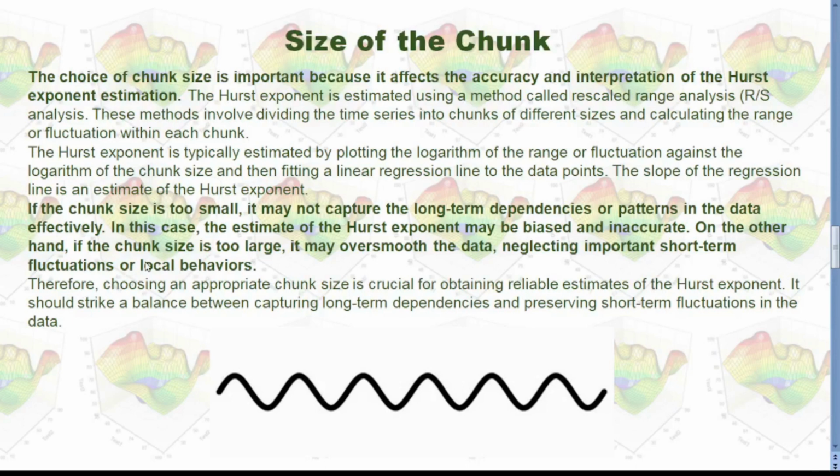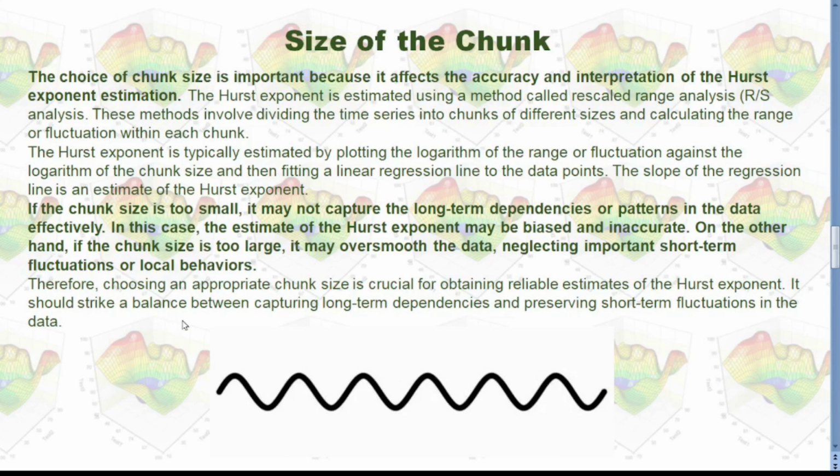The choice of chunk size is important because it affects the accuracy and interpretation of the Hurst exponent estimation. If the chunk size is too small, it may not capture the long-term dependencies or patterns in the data effectively.